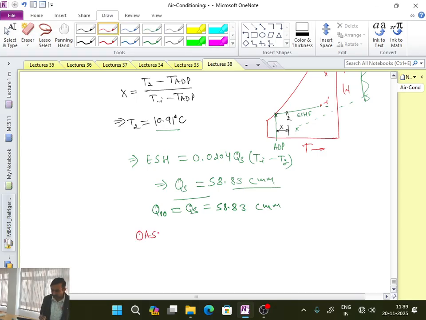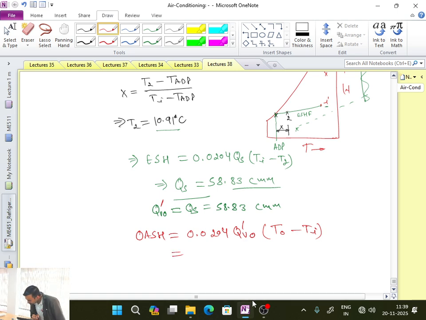I will first calculate OASH corresponding to the new value of QV naught. So 0.0204 times the new QV naught, let me call it Q dash V naught, times T naught minus Ti. How much is it? 16.78, yes.